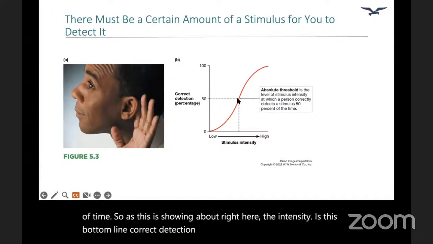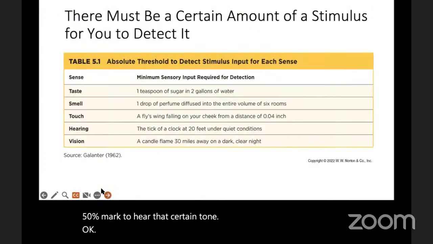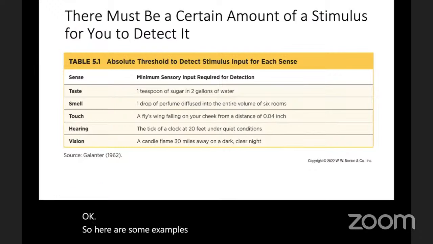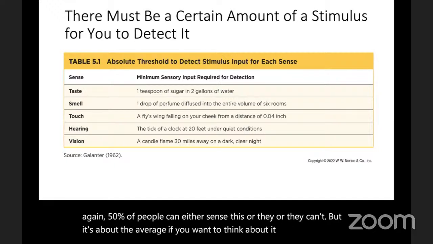What we want to know is what is the 50% mark to hear that certain tone, okay? So here are some examples of absolute threshold. So this is where, again, 50% of people can either sense this or they can't, but it's about the average if you want to think about it.